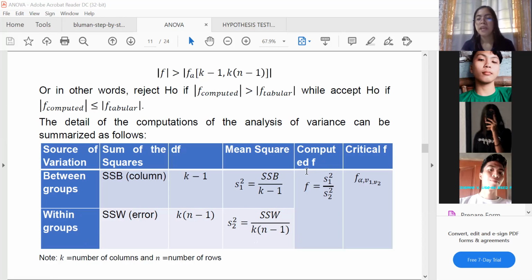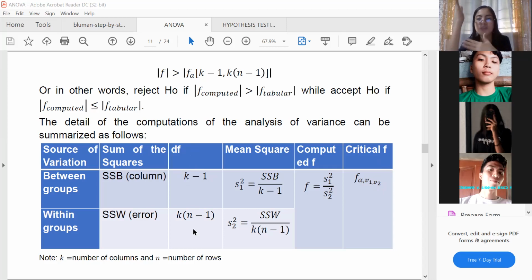And then your computed F. If we have the computed t in our t-test, in analysis of variance they use computed F. So the F distribution is the basis of their analysis. You take the ratio of the two variances, then that becomes your computed F. And then your critical value, the F value or F tabular, you go to your F table with your specified alpha, and the degrees of freedom between groups and within groups.